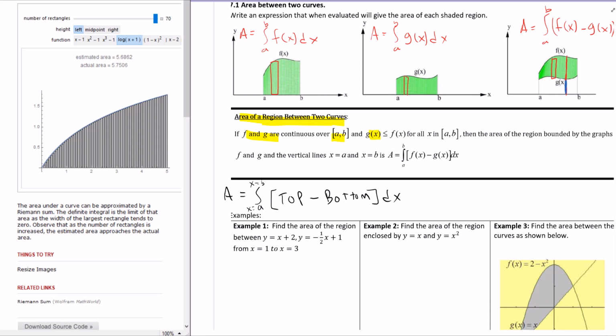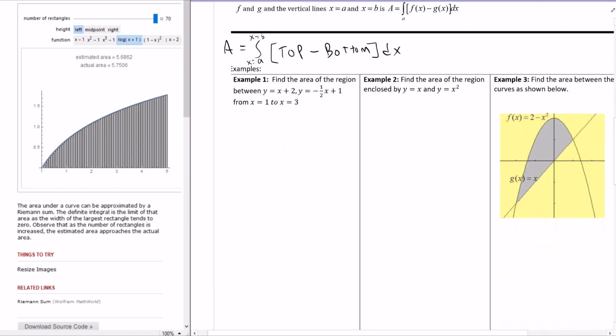Sometimes you're allowed a calculator, sometimes you're not. We're going to go through different examples with and without calculators, and then there are different cases and stuff like that. So let's go ahead and try this out. It's usually very helpful to have a little graph because you need to know which one's on top and which one's on bottom, so I recommend having a little graph as you start.